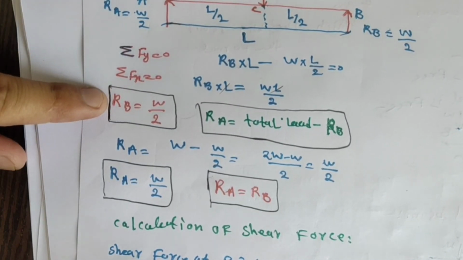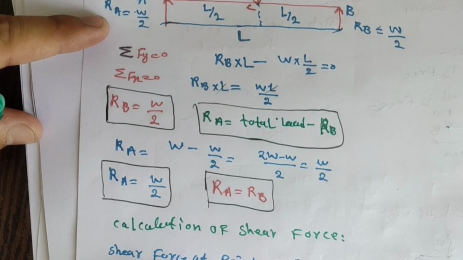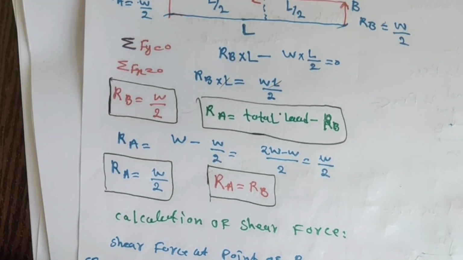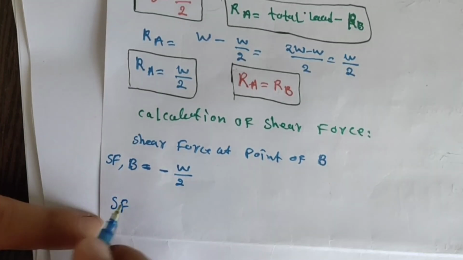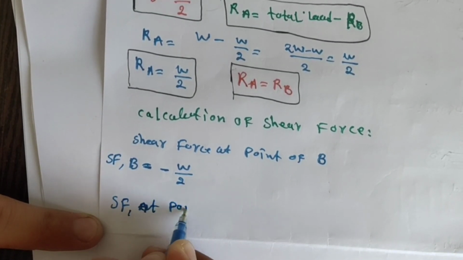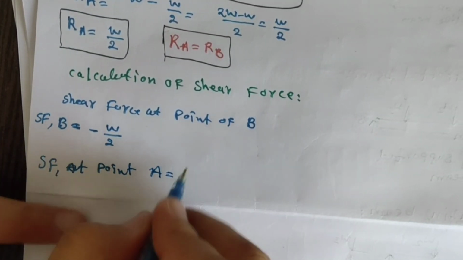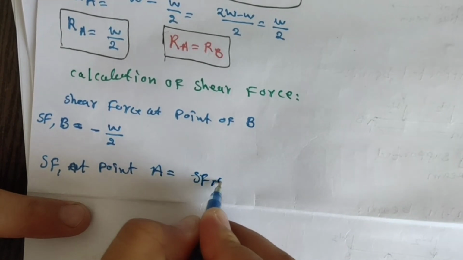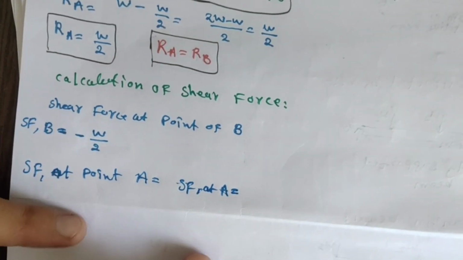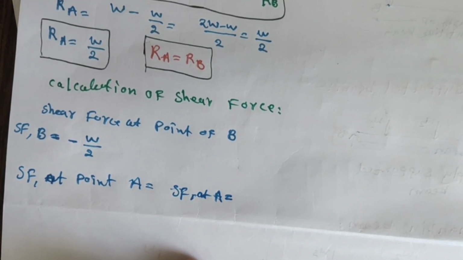Now we will find the shear force on the left portion, at A on the right side. SF means shear force. SF at point A is equal to what? This is also acting, and we should keep it positive.